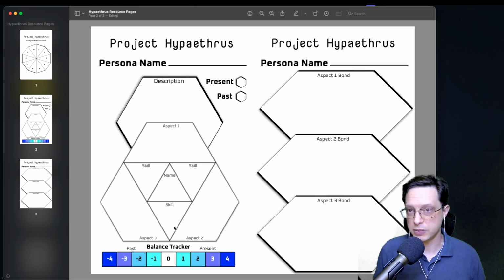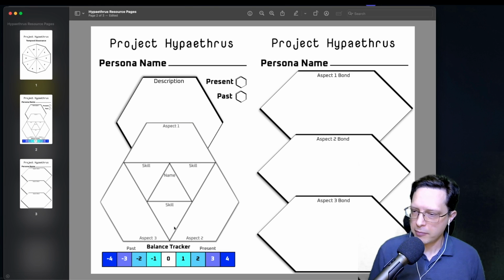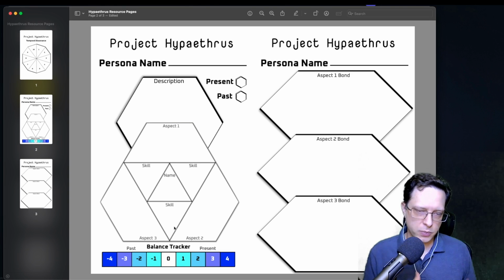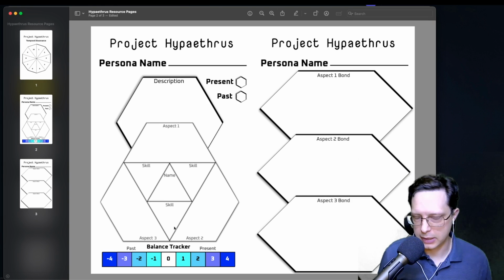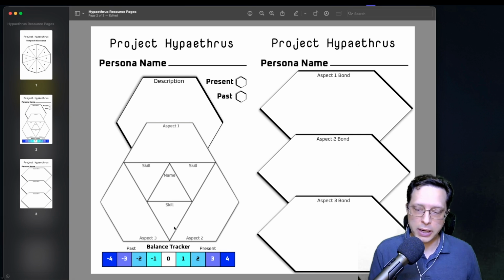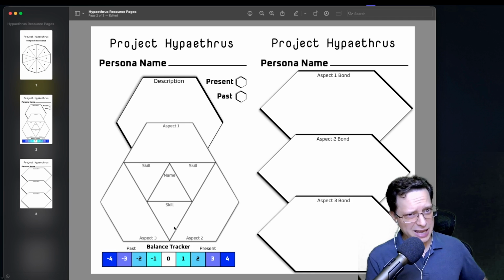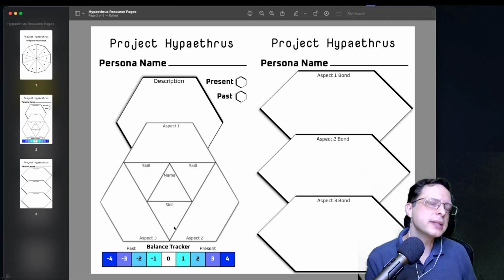Maybe this bond is with a rival, somebody they don't really like on the ship when they were sailing. Maybe the relationship is with someone from their past who encouraged them to do it, or it could even potentially be a bond to a group of people, or maybe even a bond with a thing. You could stretch it into that, especially if it's a really important thing to them.